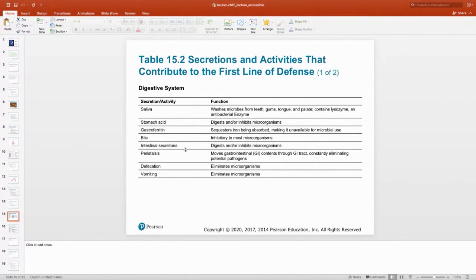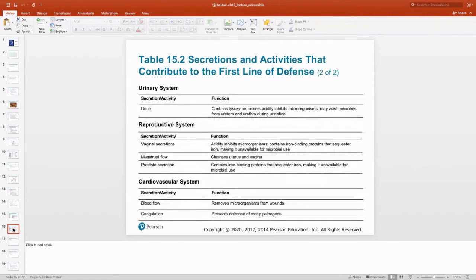Then bile, which is produced by the liver, intestinal secretions, and the movement, just moving everything through, will prevent bacteria from causing infection. It moves it through by defecation, and sometimes vomiting prevents food poisoning. You get really sick and you throw up. This isn't part of the natural sequence of events, which starts with the mouth and ends with the anus. Vomiting is just an unpleasant side effect.